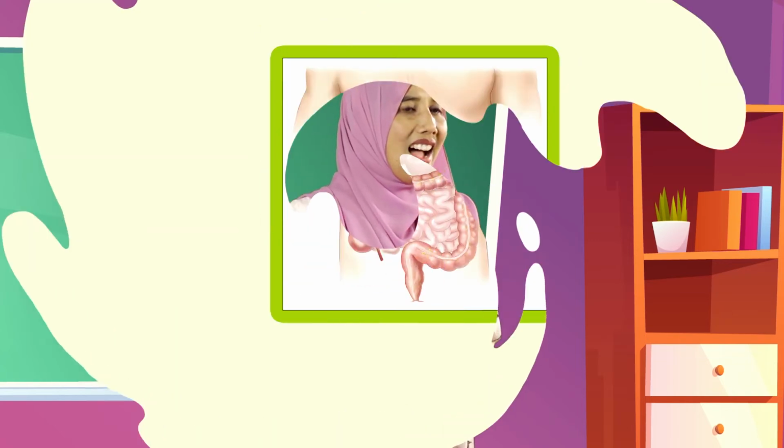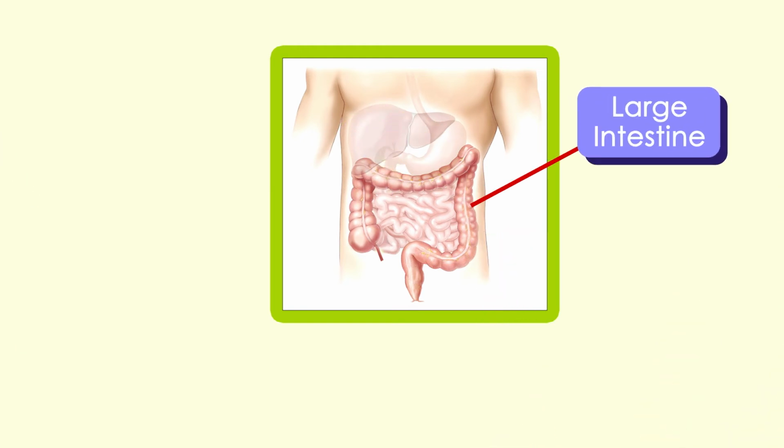So, pupils, do you have any idea what happens to the food that is not absorbed by the small intestine? Where does the undigested food go? Excellent, boys and girls. The undigested food will move to the large intestine.